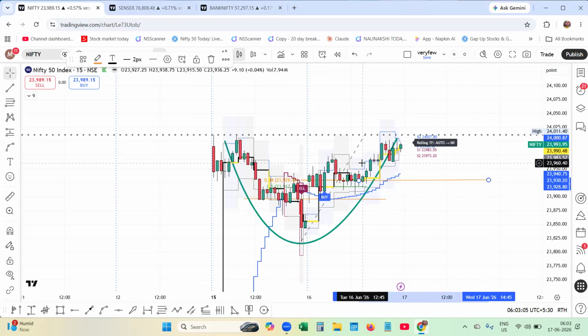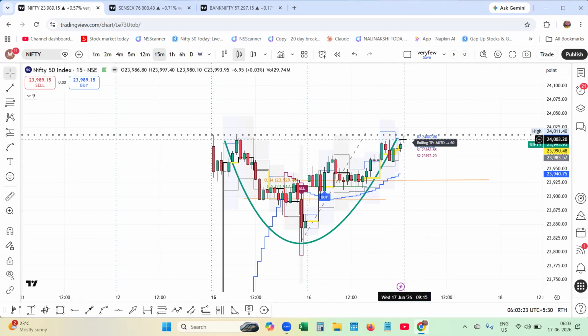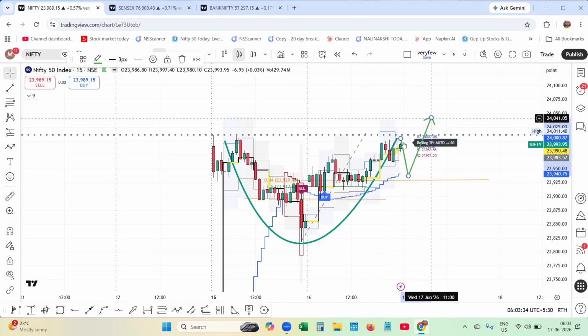So if this formation is validated, then the handle formation should be within the 0.5 percentage of this range, Fibonacci ratio. Then the market will try to move higher, and the target will be this much.